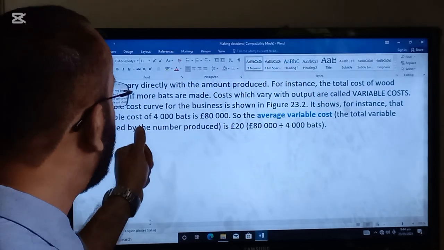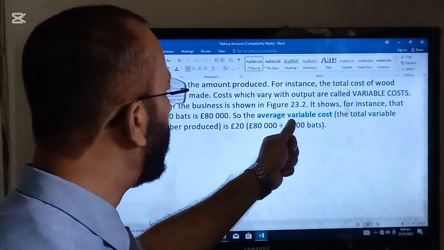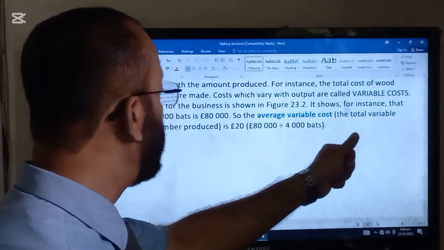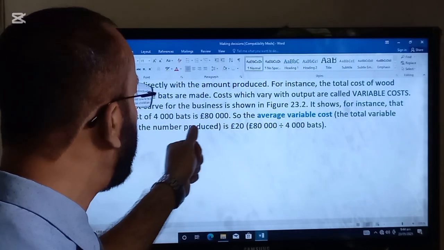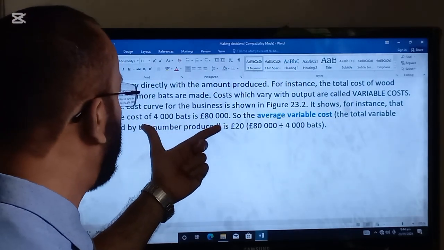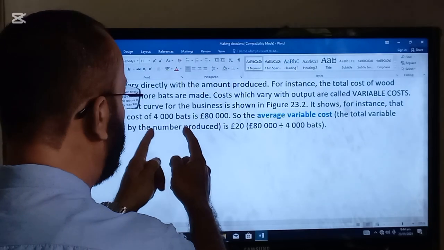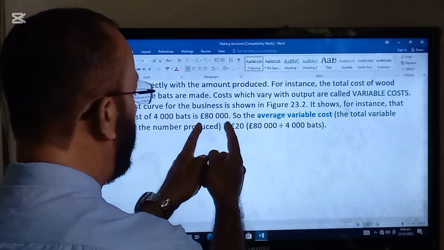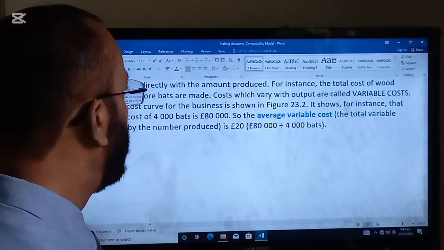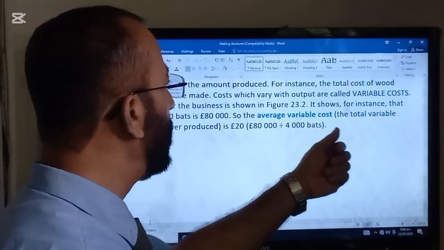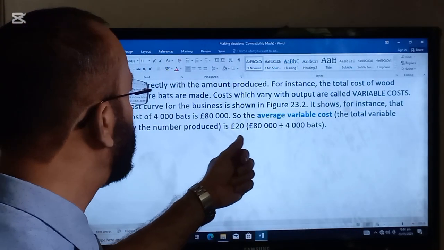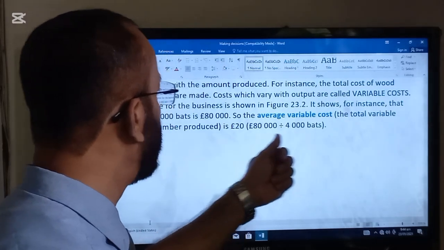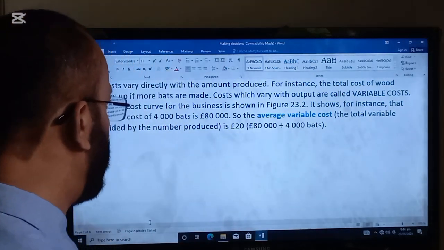The variable cost curve for the business is shown in the figure. It shows, for instance, that the variable cost of 4,000 bats is 80,000. So this is the variable cost. When 4,000 bats are produced, this cost will be incurred. So the average variable cost, the total variable cost divided by the number produced, that is 80,000 divided by 4,000, will be 20 pounds.